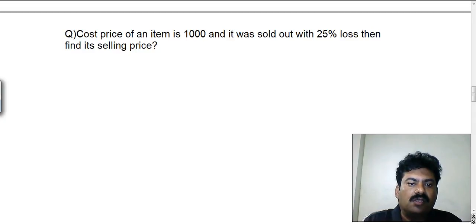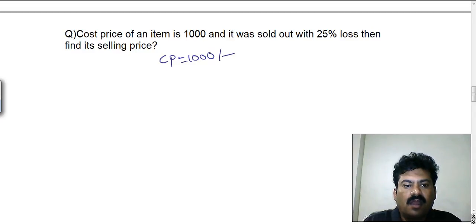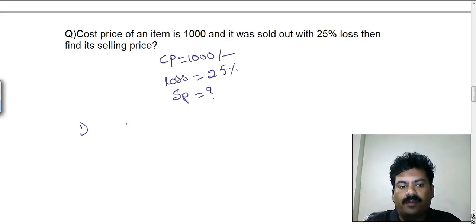According to this problem, simply the cost price is 1000 and the loss is 25%. Now we need to find out the selling price. In the first mechanism, we can go for the formula.